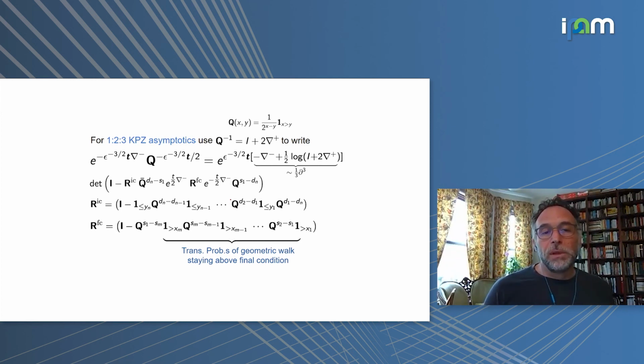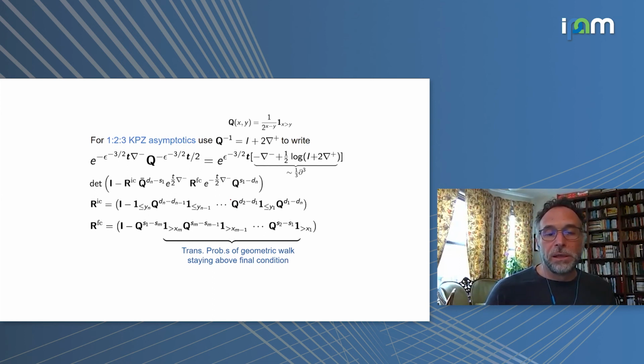Now, just informally, if I write this as e to the epsilon to the minus 3/2 t times minus grad minus plus a half log of Q inverse, then expanding those things and realizing I'm on a lattice of size epsilon to the 1/2, one finds that this gives you the d cubed.